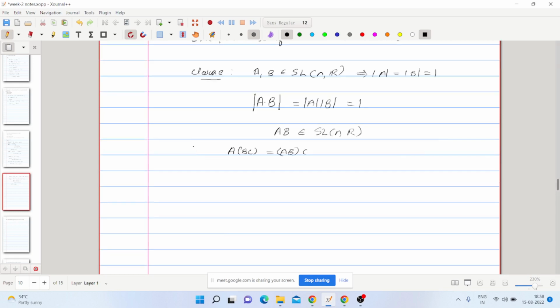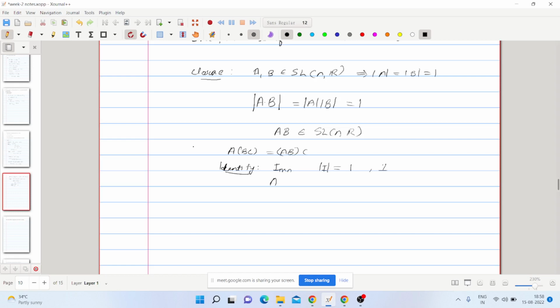Now what will be the identity element here? The n by n identity matrix, right? What will be the determinant of I, which is also 1?